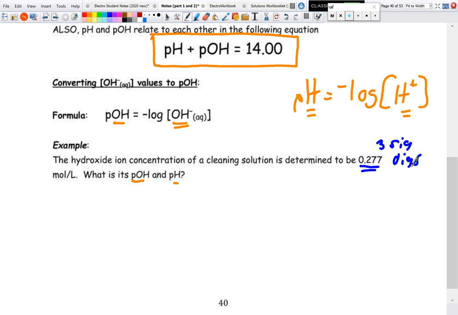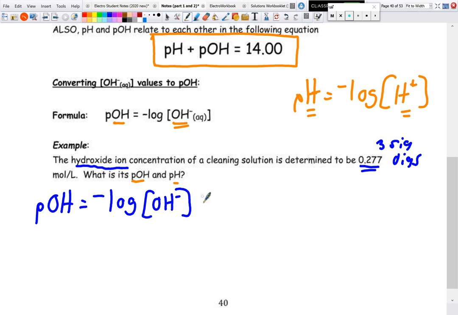Now, first of all, because we have hydroxide ion, we can only solve for pOH first, because this is hydroxide, so it's only pOH.